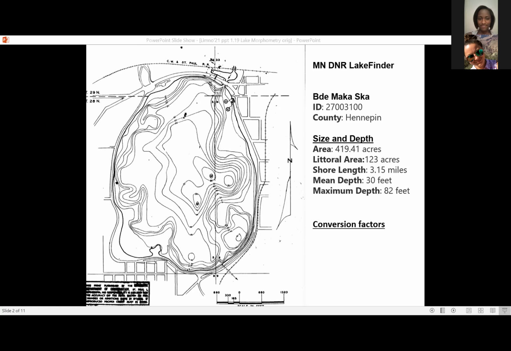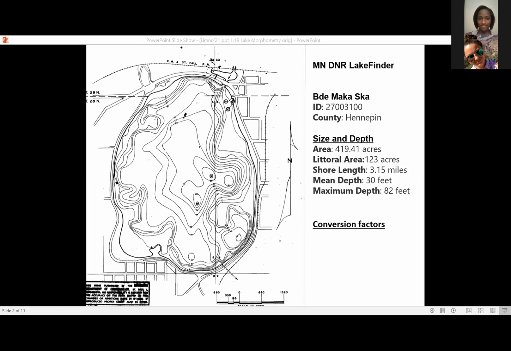And then we have the shore length. The shore length here is 3.15 miles, which I should know without looking, because I have run around this lake and it's almost exactly 5 kilometers. So the conversion factor here is going to have miles on the bottom, kilometers on the top.